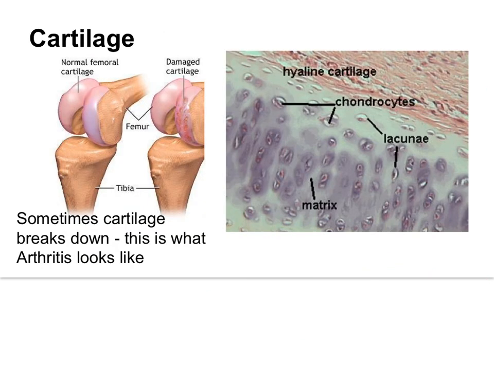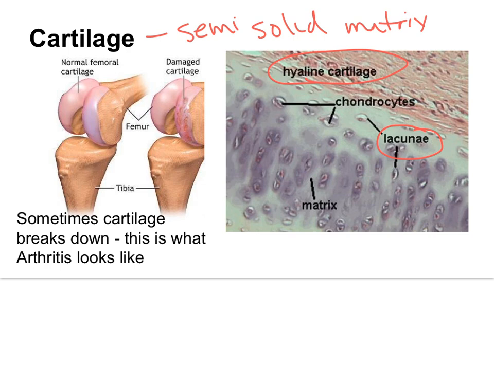Cartilage is the type of connective tissue that we said has a semi-solid matrix. So it's not a solid and it's not liquid, it's somewhere in between. One type of cartilage that we're going to be looking at in class is called hyaline cartilage. Hyaline cartilage also has these structures called lacunae, and in those little caves are chondrocytes.